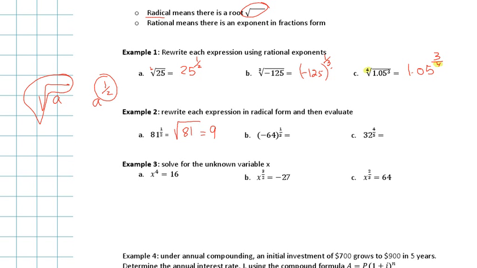And then the one with the 3 on the root is called a cube root. So cube root, negative 64 inside the cube root. Will it be negative? It will be negative because it's a cube root.